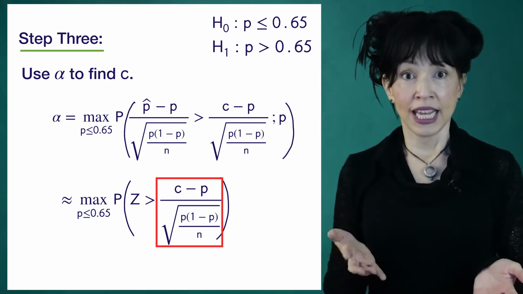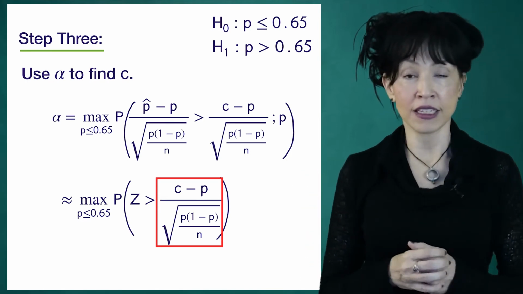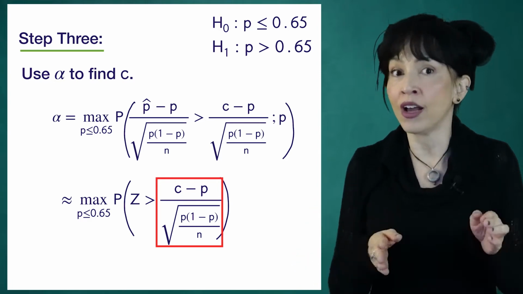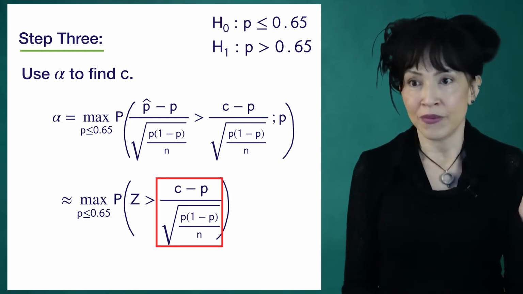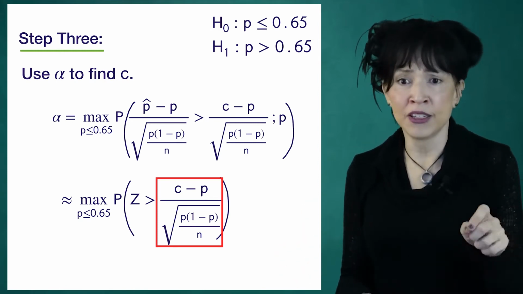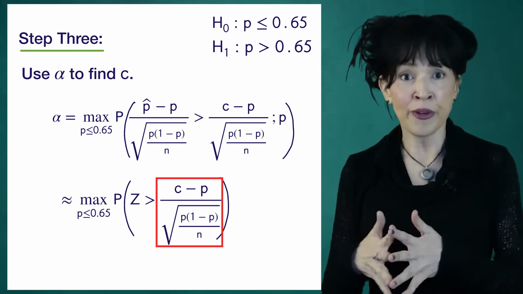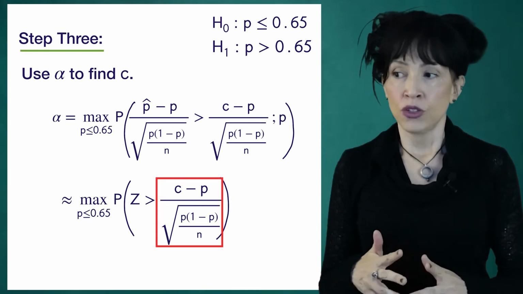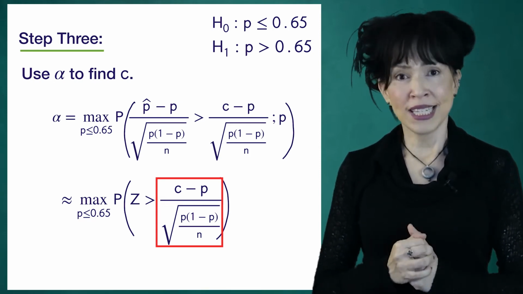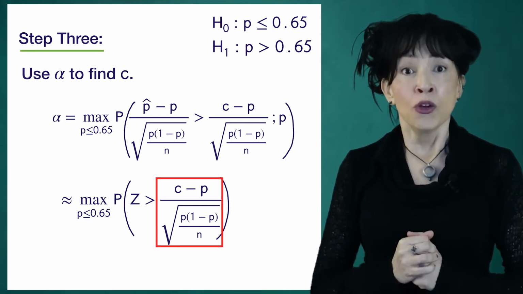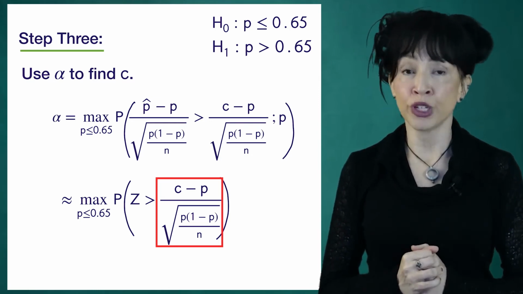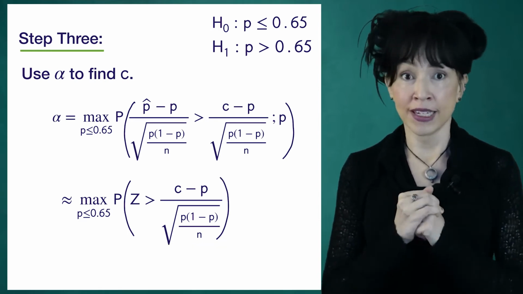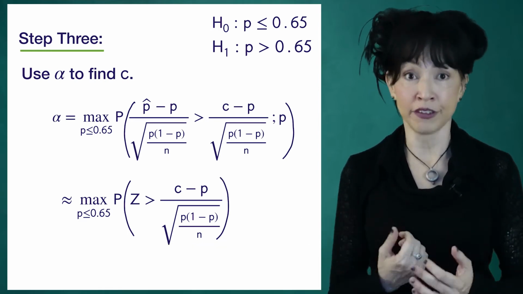So what I'm going to do is graph this quantity right here as a function of p. I'm just going to plug in points. I'm going to take p's from 0 to 1, very finely meshed: 0, 0.001, 0.002, all the way on up to 1, and I'm going to compute this. Except I don't have a c, so what c's make sense here? Remember, our rejection rule is to reject if our p hat is greater than c, which we're still trying to find.